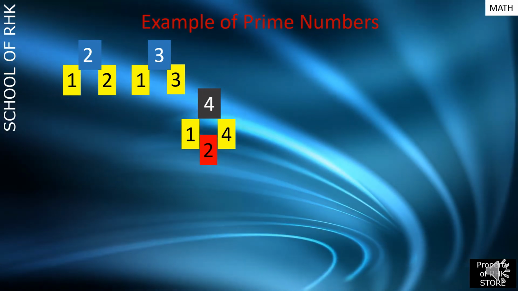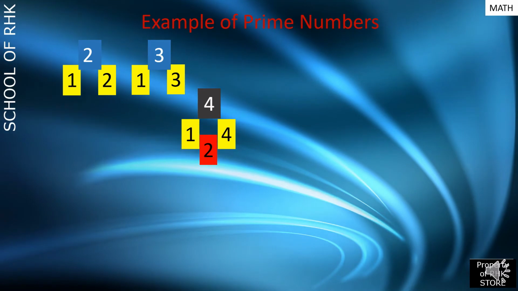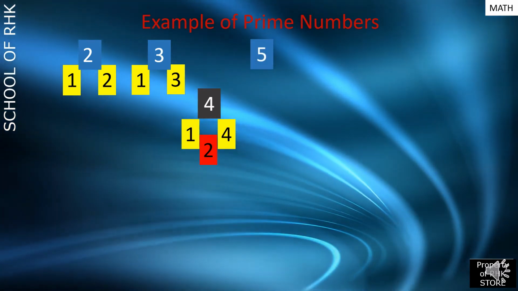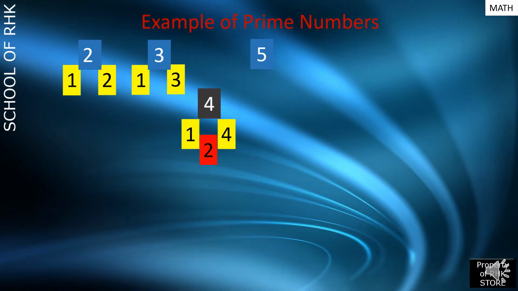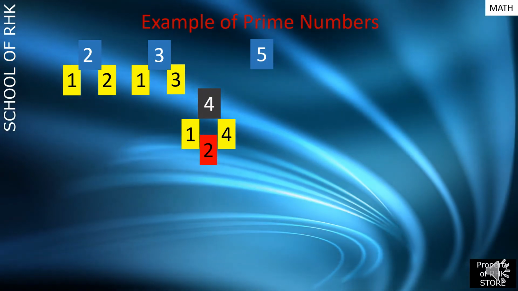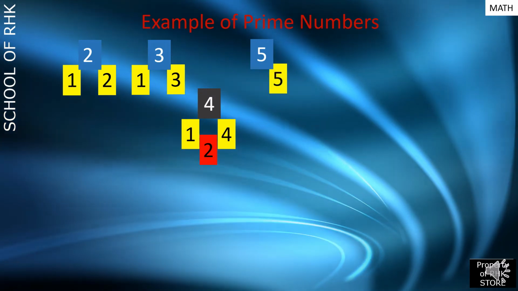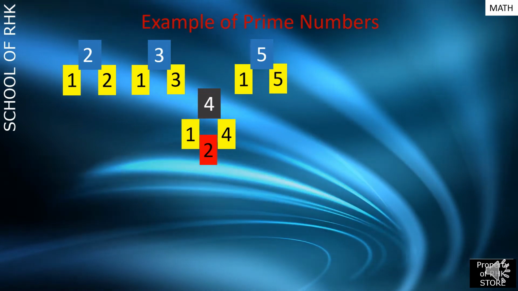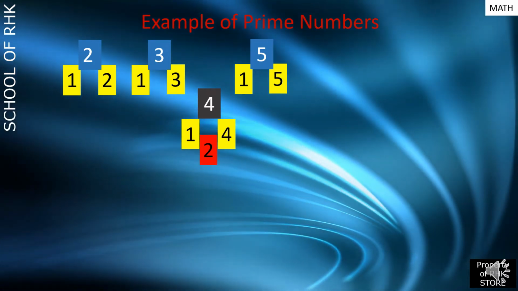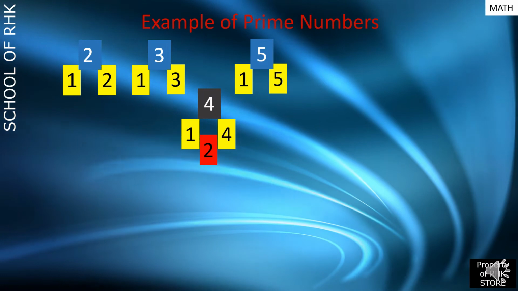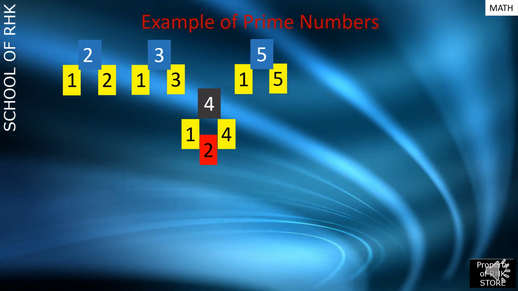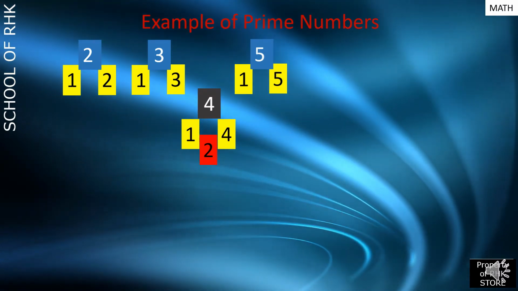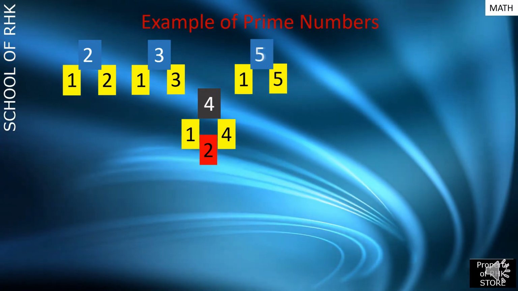So 4 is not a prime number. The next number is 5. This is a positive integer. Dividing 5 by itself, that is 5 and 1. If divided by any other integer other than these two integers, the division will end up with a remainder. So 5 is a prime number.